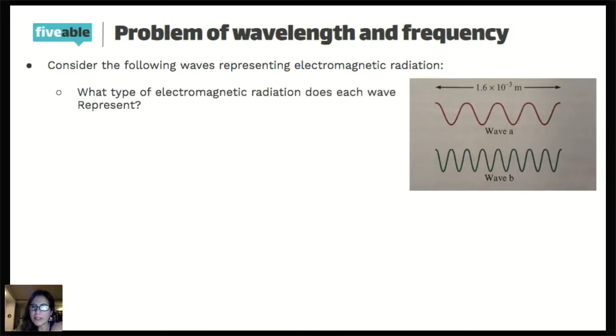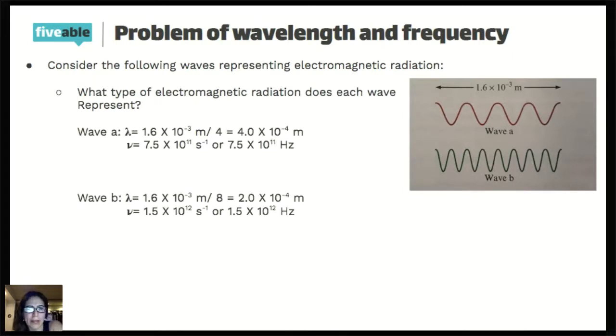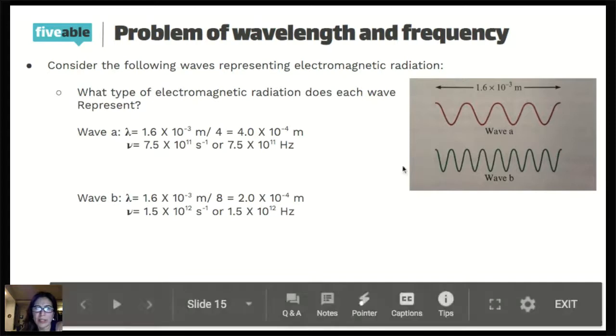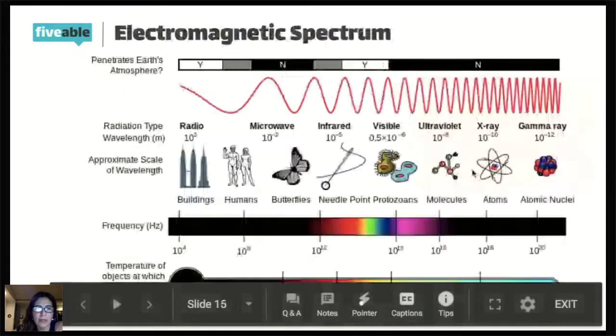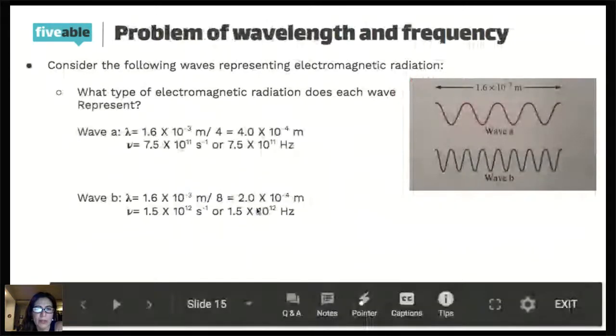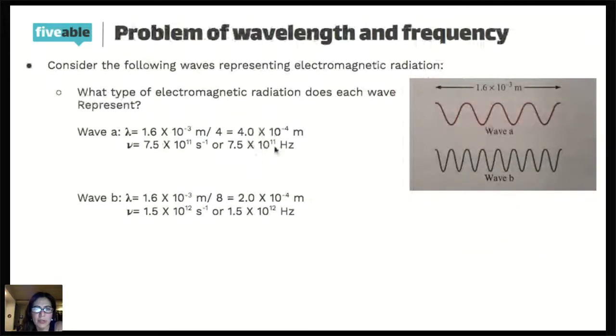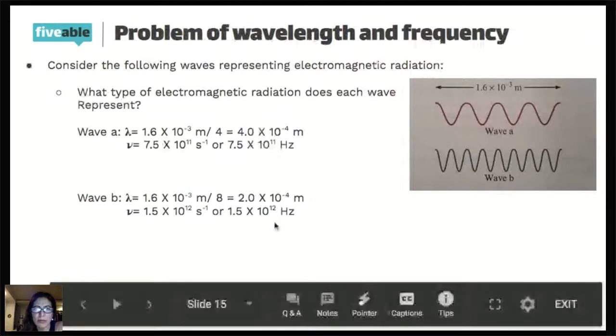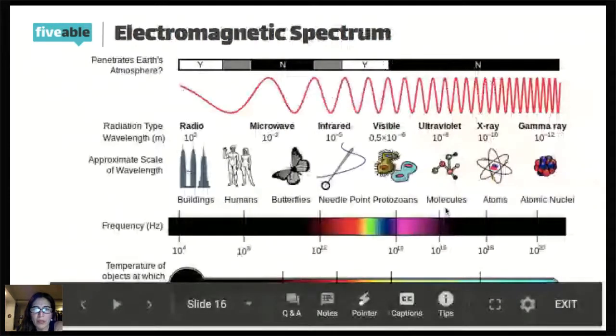The next question is, which type of electromagnetic radiation does each wave represent? If we go to the values of wavelength and frequency that we got before, we can check these values on the electromagnetic spectrum, and we can notice that frequency values in the range of 10 to the 11 and 10 to the 12 would be close to infrared radiation.